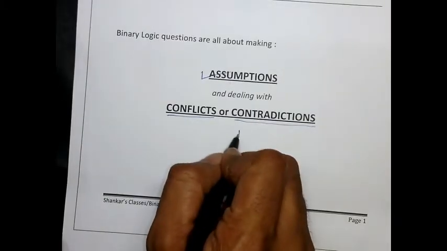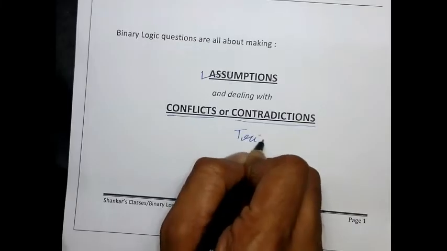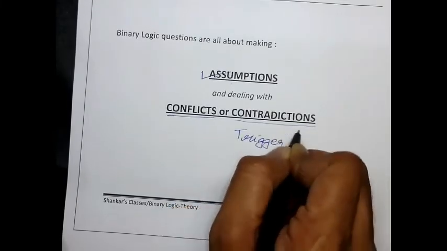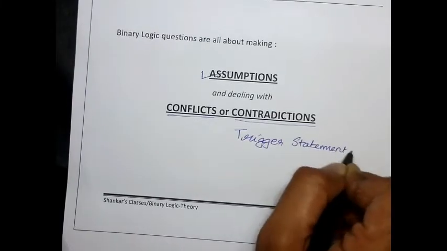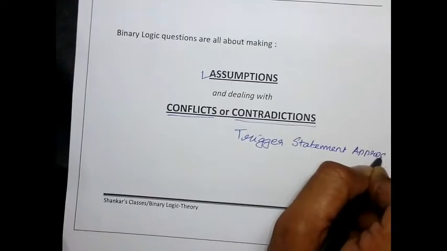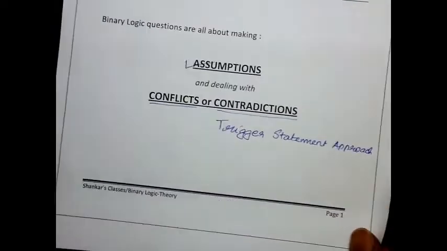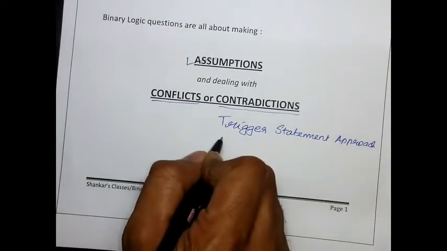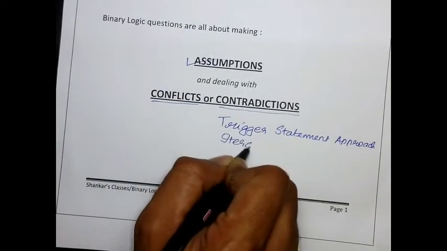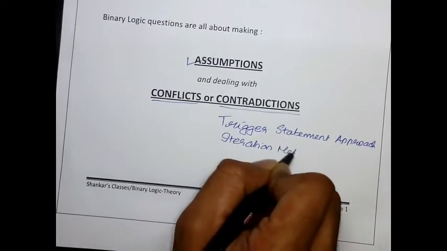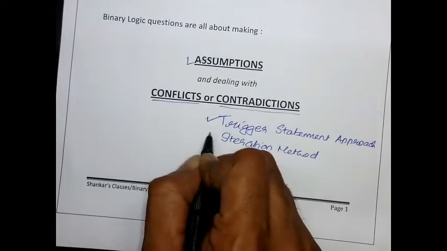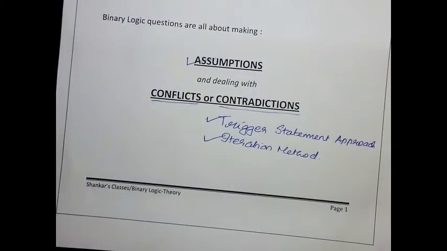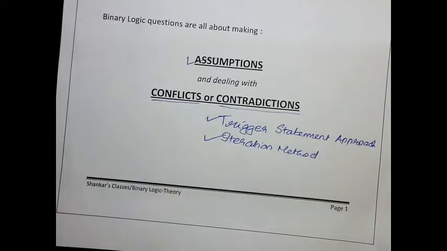The first approach, I call it by the name the trigger statement approach. The next method that you can follow is the iteration method. I shall make you familiar with both the trigger statement method and the iteration method, and which method you have to adopt at what point of time, in the subsequent part of this video.